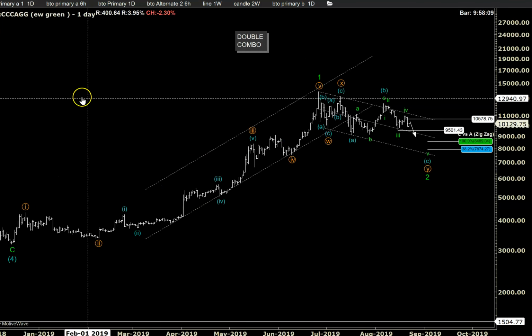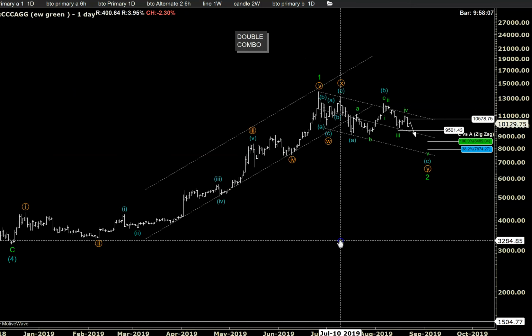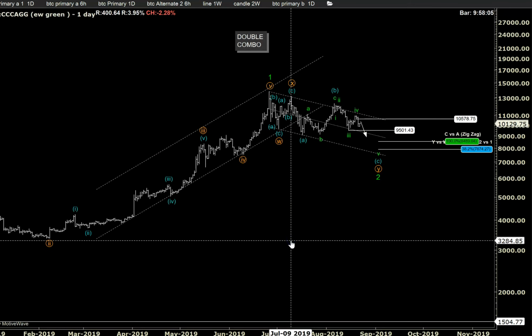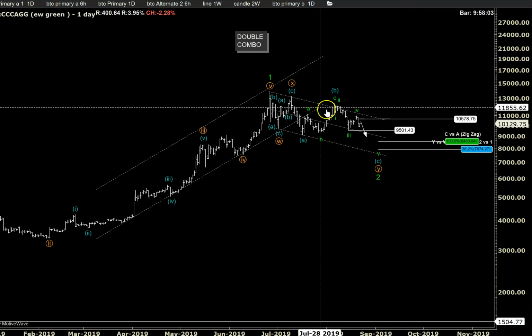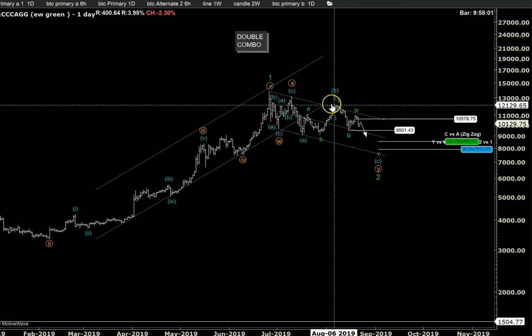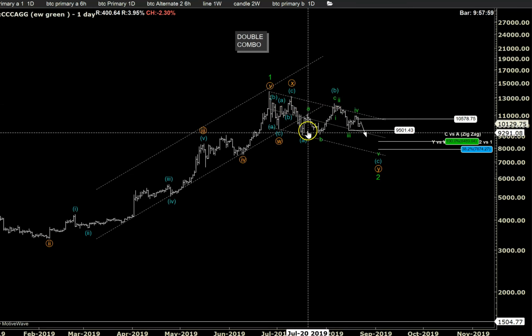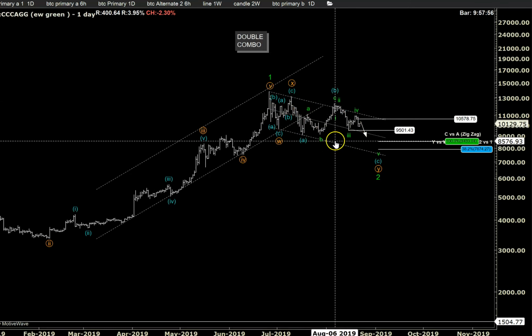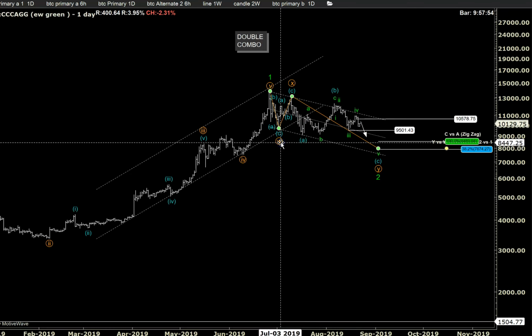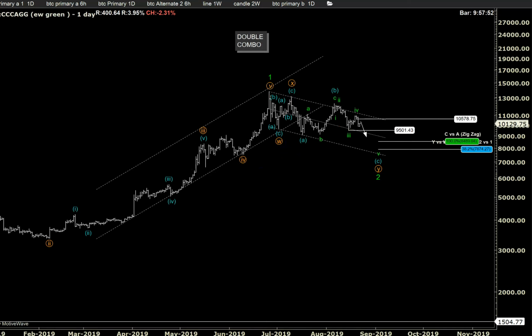So let's go back to this one, and we are looking at this as being a double combo. And again, the internals here don't matter a whole lot. I mean, not the internals, but the overall count on the correction, right? This W, for example, can very easily be down here, okay?